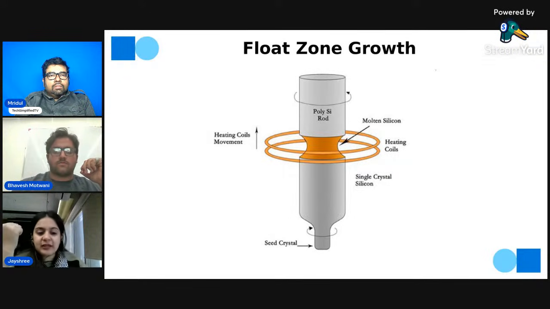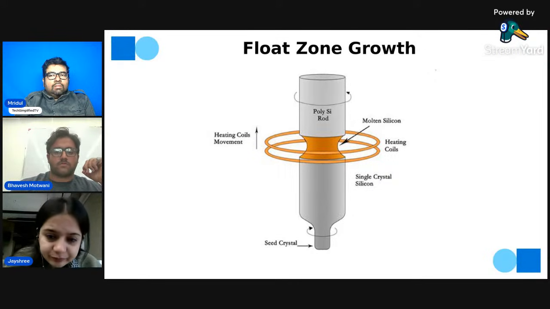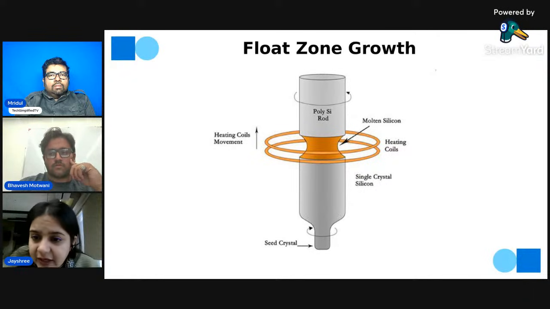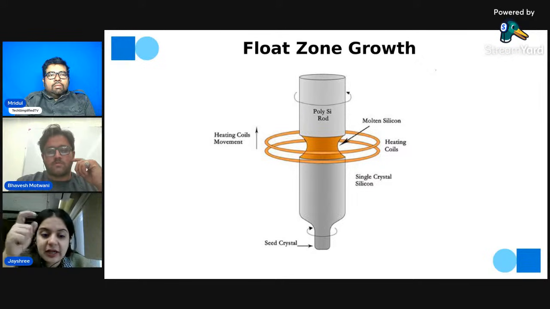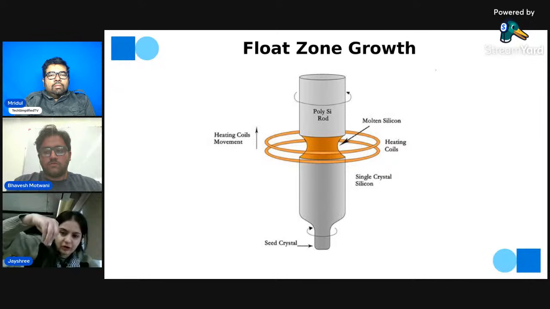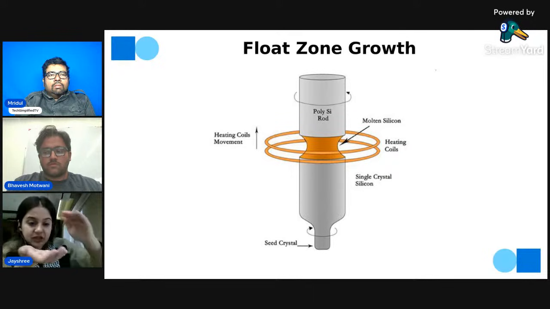Okay, so in this, a polycrystalline rod of ECG is passed through the RF heating coils. As you can see from the image, there are two heating coils. This creates a molten zone from which the silicon ingot grows upward.